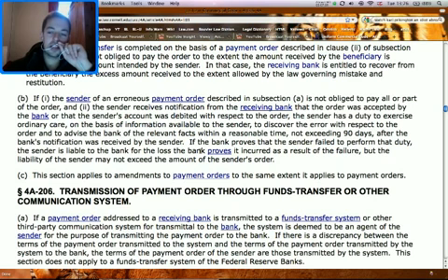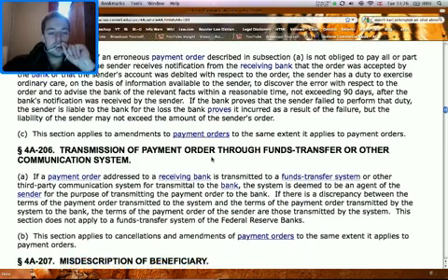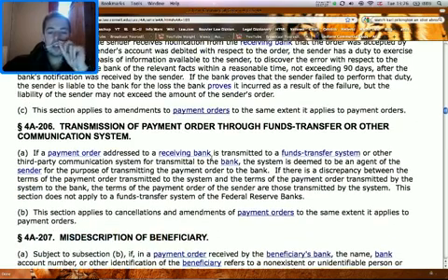If the bank proves that the sender failed to perform that duty, the sender is liable to the bank for the loss the bank proves it incurred as a result of the failure, but the liability of the sender may not exceed the amount of the sender's order. This section applies to amendments to payment orders to the same extent it applies to payment orders.